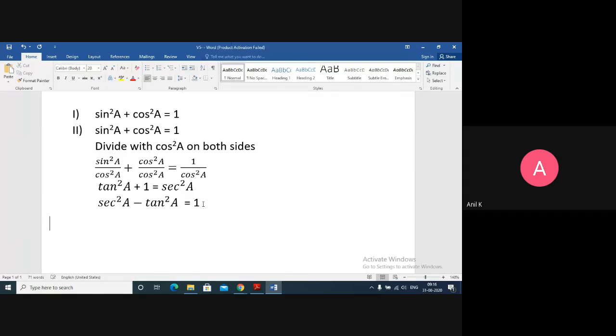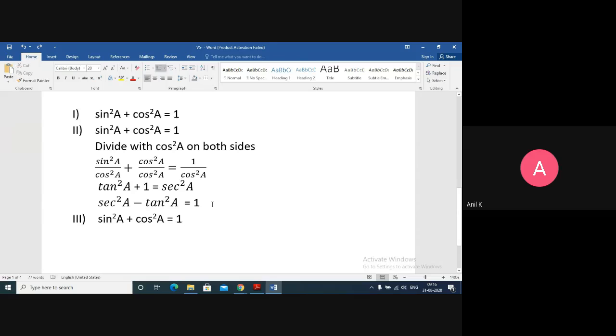We'll take the first equation again as it is: sin square A plus cos square A equals 1.